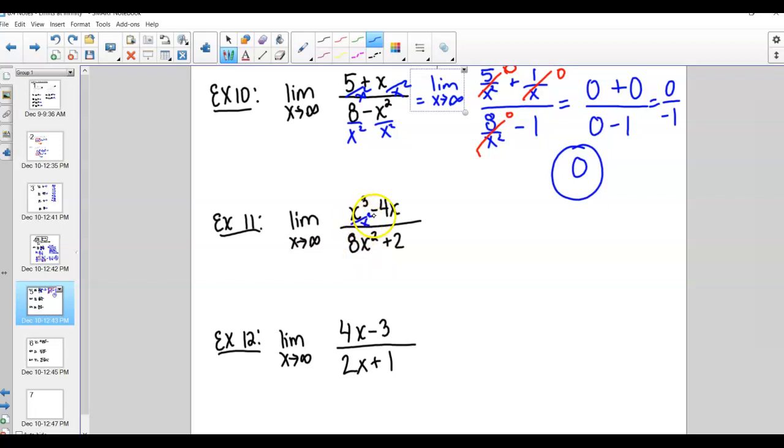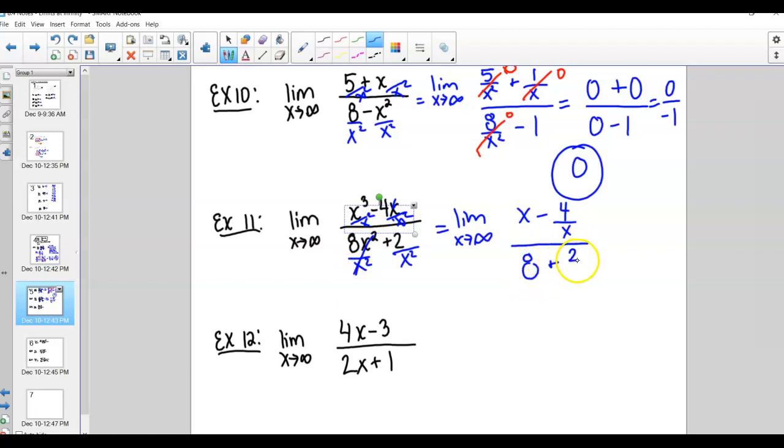So if we divide everything by this x squared here, we will end up with the limit as x approaches infinity of x minus, here one of the x's will cancel, and I will get 4 over x over, the x squareds cancel here, and I just get an 8, and then 2 over x squared.